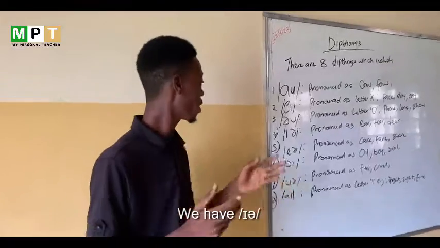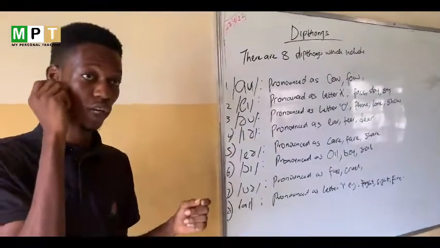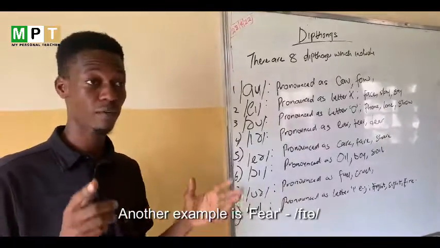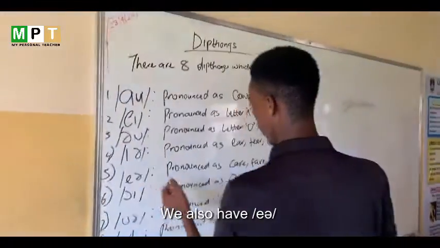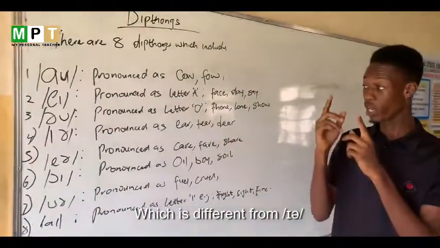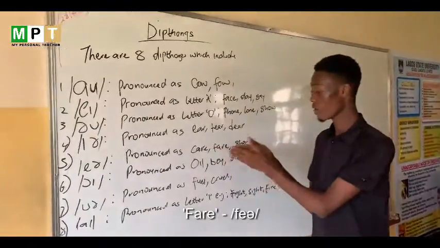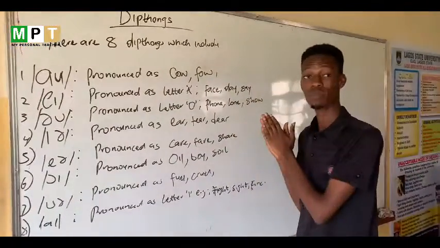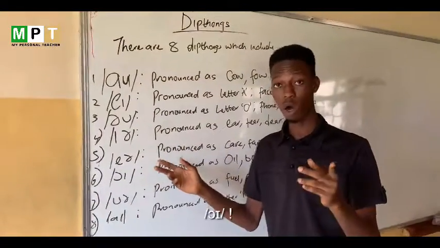Another example we have here is pronounced as here, that is your here. Another example is fear, there. We also have here, which is different from the here I mentioned earlier. It is pronounced as in fe and she. Another example is hoi. I repeat, hoi.